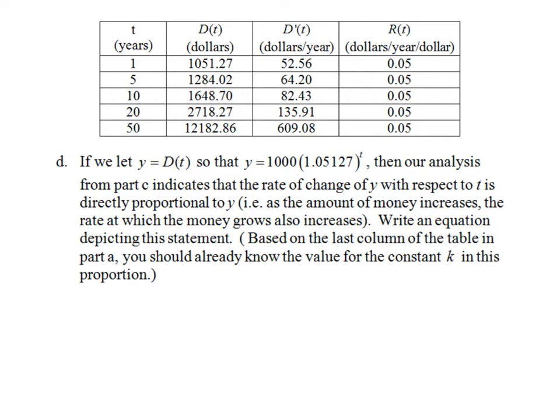So this statement says that the rate of change, dy/dt, the rate of change with respect to t, is directly proportional, so k times y. Now, if we think about how we got this column over here, this should make sense. We took our derivative, which we're now calling dy/dt, we divided it by our dollars, which now we're calling y, and that gave us 0.05.